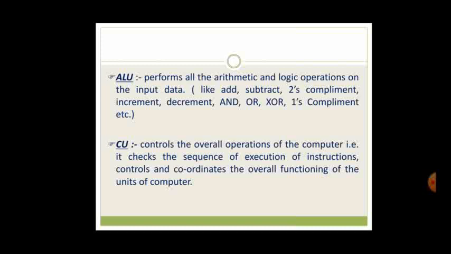In the background, the operating system consists of lots of threads, nothing but programs, going on. So the CU has to manage these programs one by one. It should not block the computer so that it stops working, and it should not give more preference either to the user or to the operating system. So it will manage between the user as well as the operating system. That is the job of the control unit.